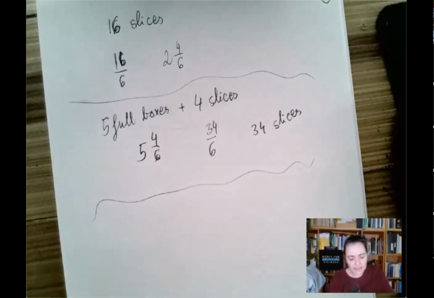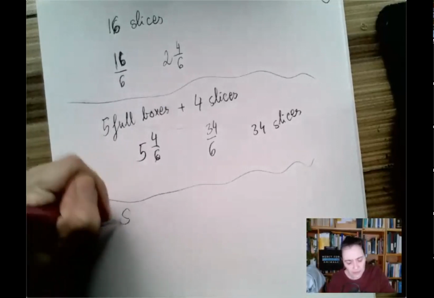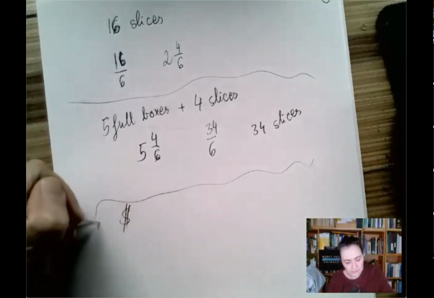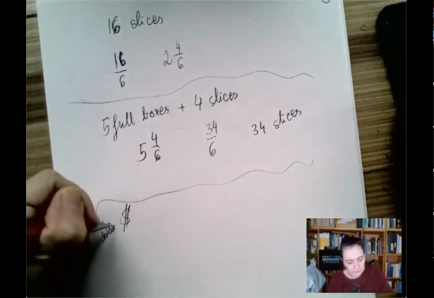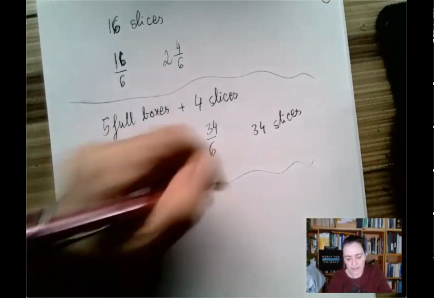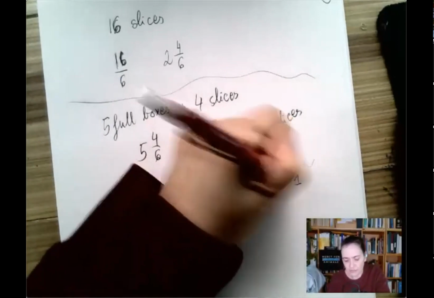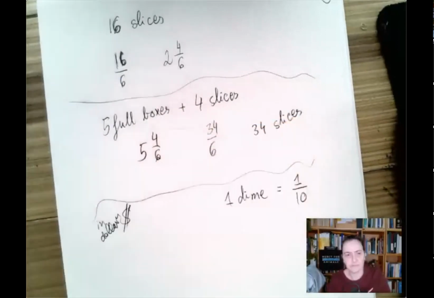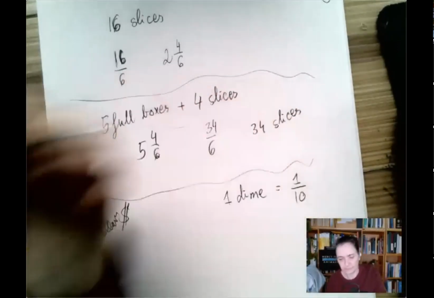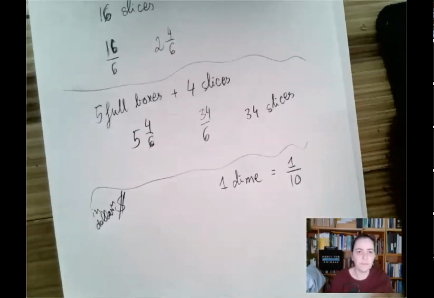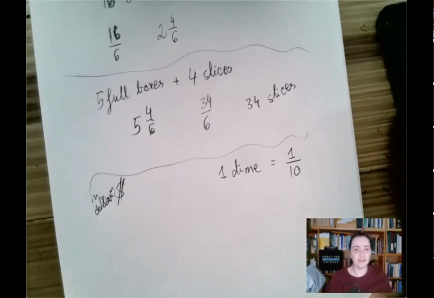So let's say that we're talking in dollars. And then let's agree that 1 dime is 1/10 of a dollar, right? And we can have more than $1.